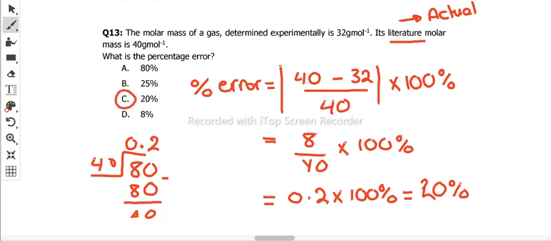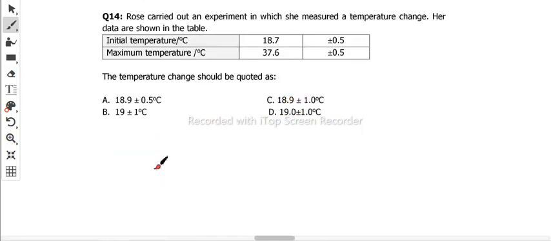We're going now to continue with the last question, which is question number 14 for our practice for today. Rose carried out an experiment in which she measured a temperature change. Her data are shown in the table. We have the initial temperature and the maximum temperature. The temperature change should be quoted as.